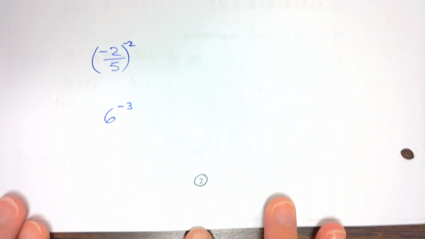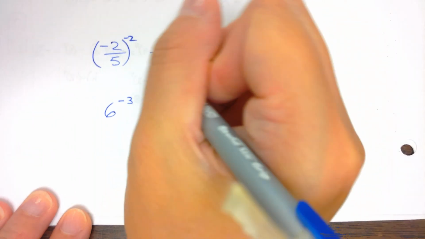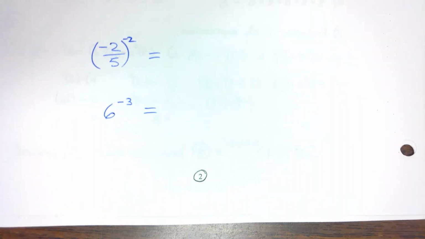Okay, try these two. Let's see if you understood today's lesson. If you can do it, good job. -2 over 5 to the power of -2 and 6 to the power of -3.